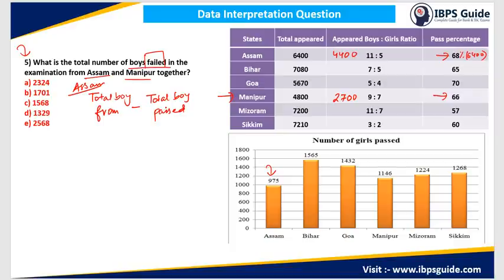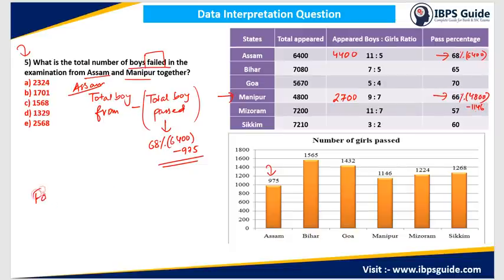Okay, so मैं क्या बोल सकता हूँ कि total boys who have passed from Assam will be 68% of 6400 minus 975. Okay, इससे मुझे मिल जाएगा. And likewise from Manipur I have to do like this: 66% of 4800, right, minus Manipur में कितना है 1146, so I have to subtract this 1146 to get the total number of boys who have passed.